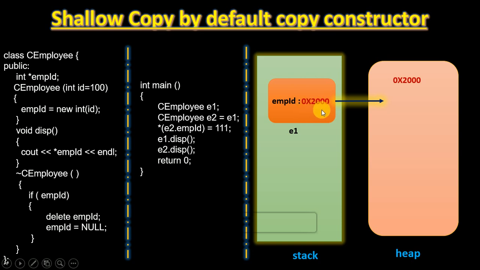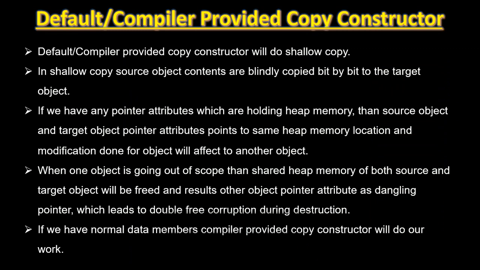Yes, 0x2000, it is not null. So it will try to delete the memory location 0x2000, but 0x2000 is already deleted. Because of that, double free corruption will happen and the program will be abnormally terminated. So this is the problem with the shallow copy.